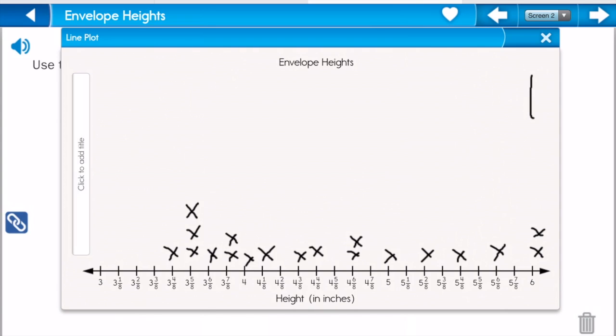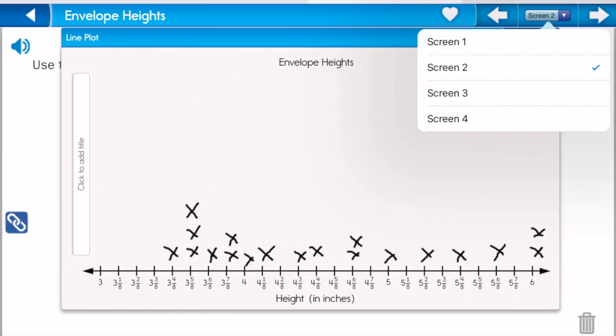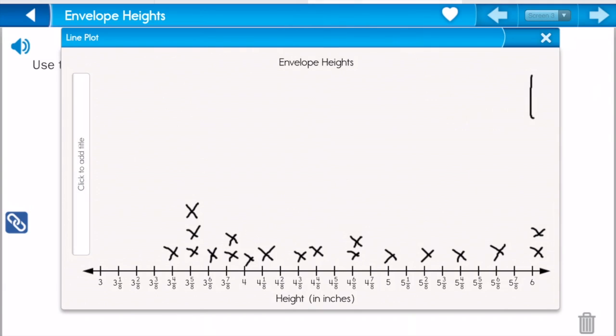Let's look at the smaller than 4 1/8. 1, 2, 3, 4, 5, 6, 7, 8, 9. Oops, only 8. Miscounted. So let's go fill those in.